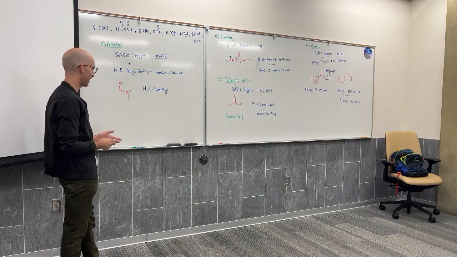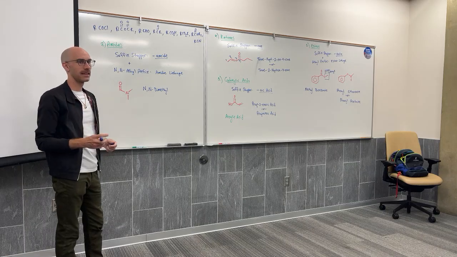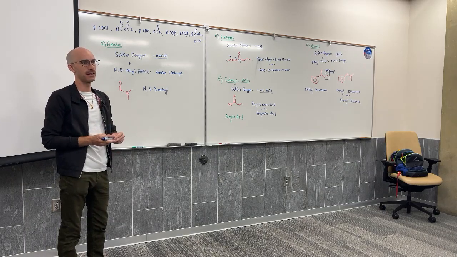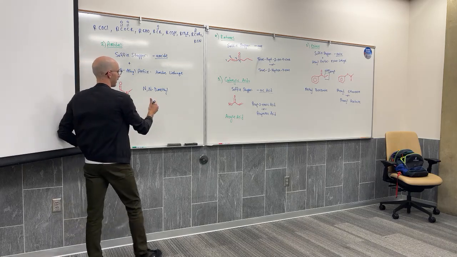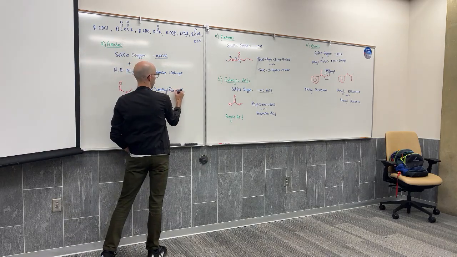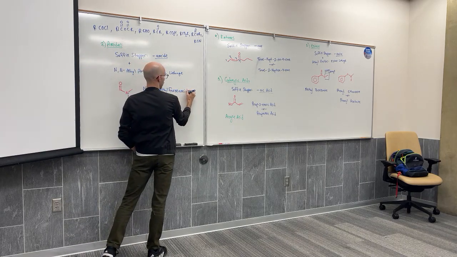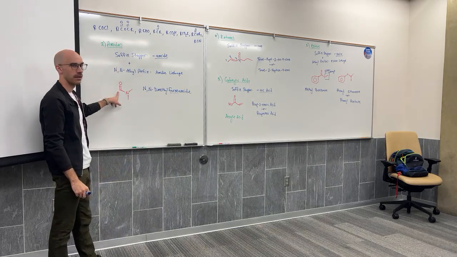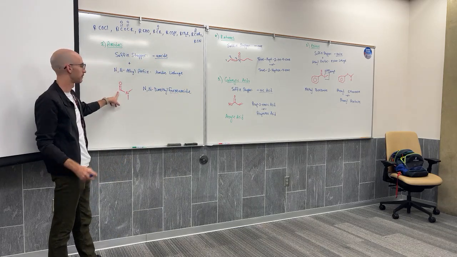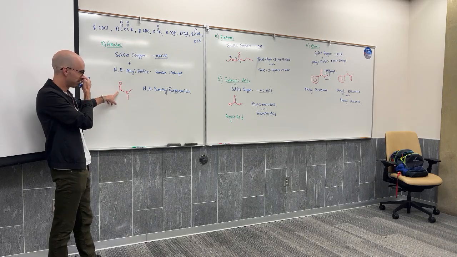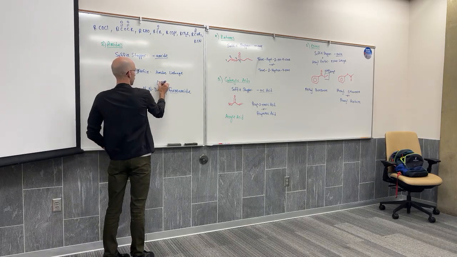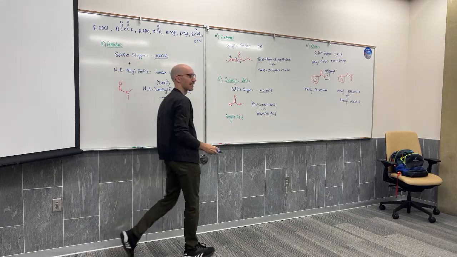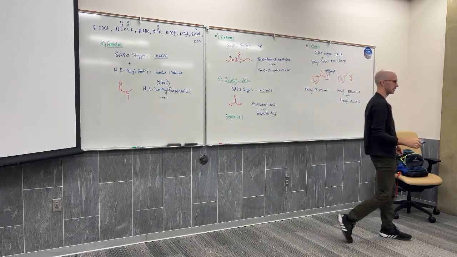Okay, so we've got N,N-dimethyl. Remember that I told you the common name for this was DMF. The common name would be N,N-dimethylformamide, where form there is indicating the aldehyde carbonyl. So that's DMF. How would we systematically name this?